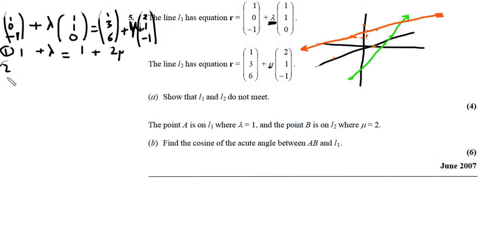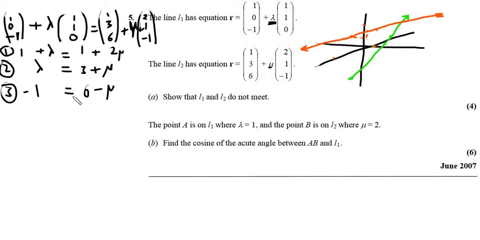Equation 2, we have 0 plus 1 lambda equals 3 plus 1 mu, so just mu. And then equation 3, we've got -1 plus 0 lambda equals 6 minus mu.